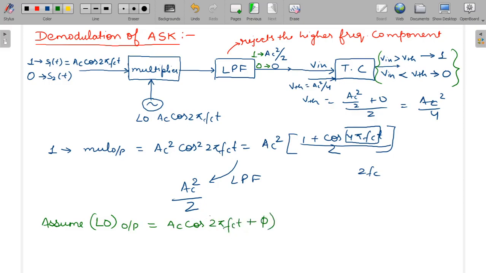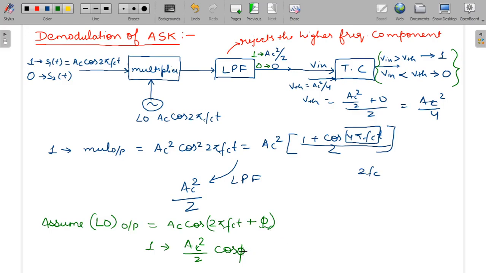This is our local oscillator output. So whenever 1 is transmitted, when you expand the multiplication of Ac cos 2 pi fc t with this and pass it through the low pass filter, you will get Ac squared by 2 into cos phi. Okay, see, this cos phi term came because of this phi.